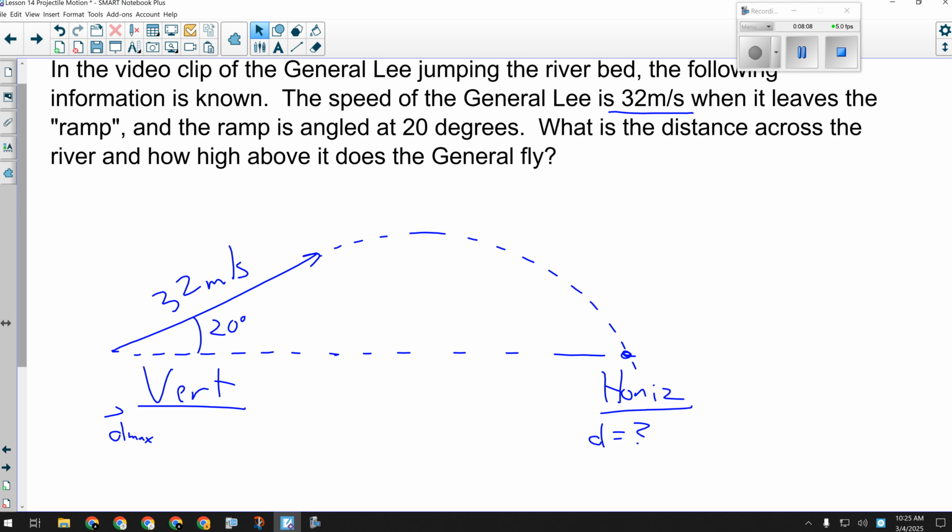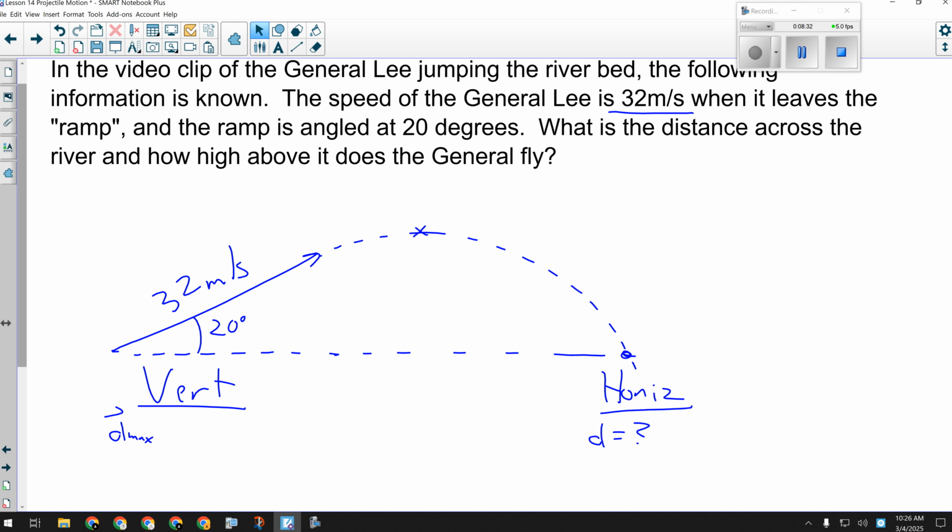In this question, if it launches from here and lands here, what's its vertical displacement over the whole trip? You're right, zero. Its launch height and landing height are the same height, so it has no vertical displacement over the whole trip. Its maximum height actually occurs right smack in the middle.